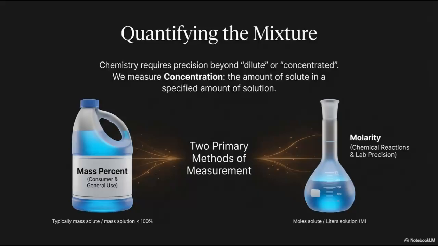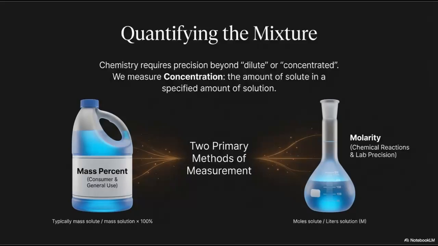Now, we are going to finish this topic for today talking about two things. One of them you already know how to do. The other one is new, but it's not that hard. So we have a mixture, and we can quantify that mixture by calculating a mass percent or calculating what we call molarity. It's a capital M. Molarity is how many moles of the solute divided by liters of solution.